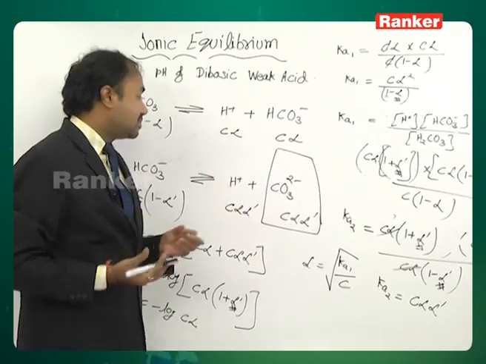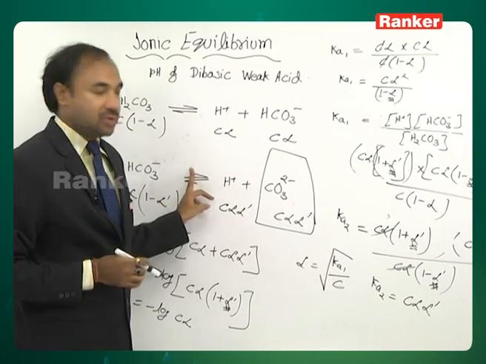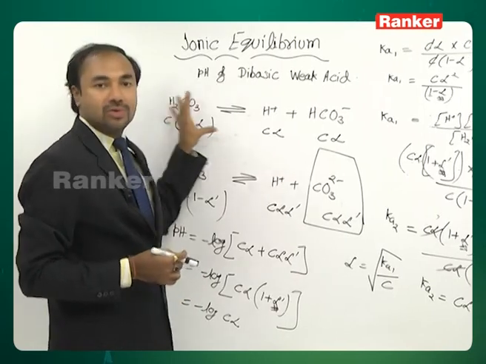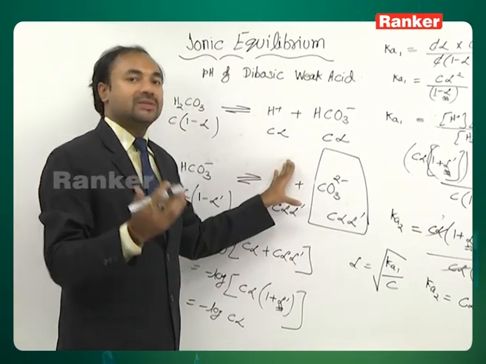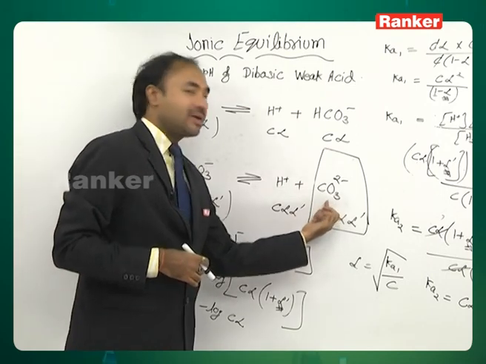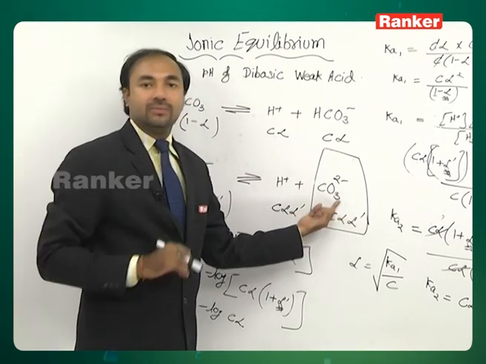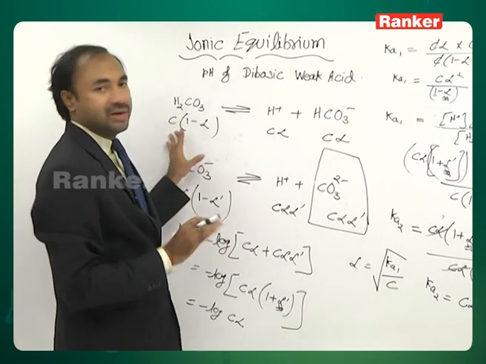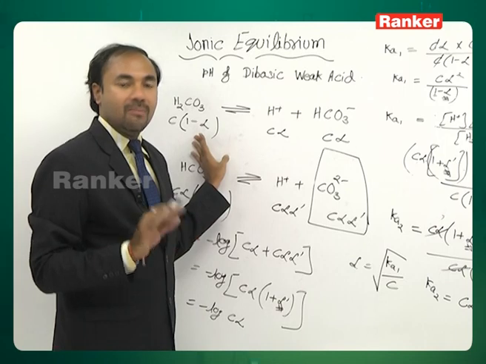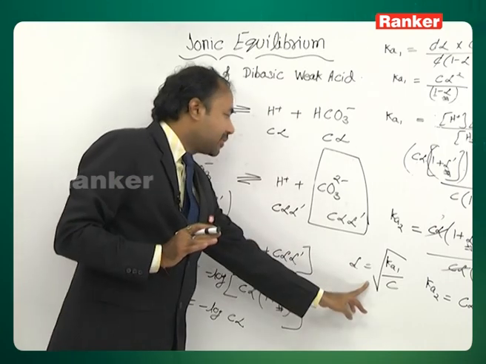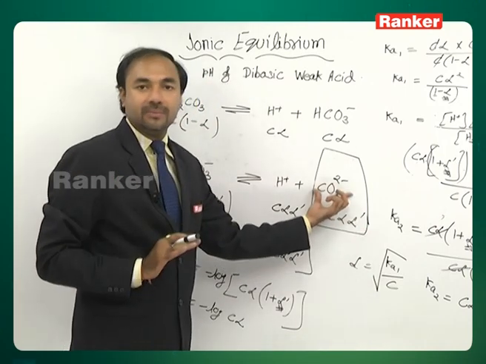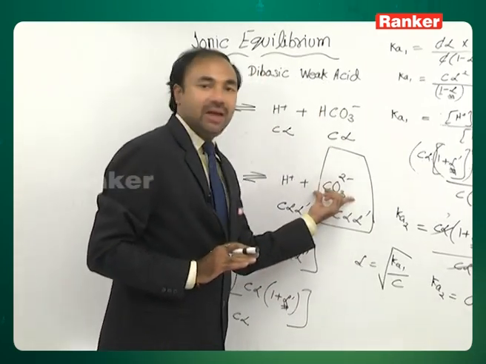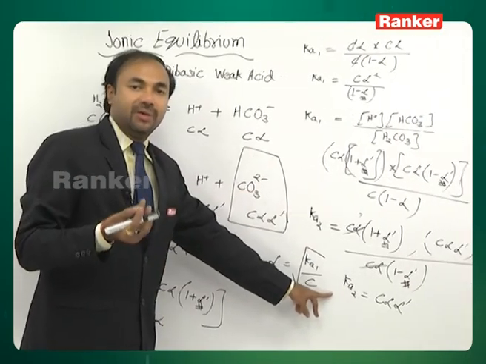Sometimes in competitive exams they ask questions like, what is the concentration of carbonate ion in this much molar H2CO3 solution? One of the simplest ways of answering this is that the concentration of the carbonate ion will be equal to Ka2. Directly it can be answered in most cases, unless they change the concentration drastically, very high or very low. For moderate concentrations, we can simply put C alpha alpha dash equal to Ka2. So here we can say that the concentration of carbonate ion will be equal to Ka2. A very simple way of answering this question.